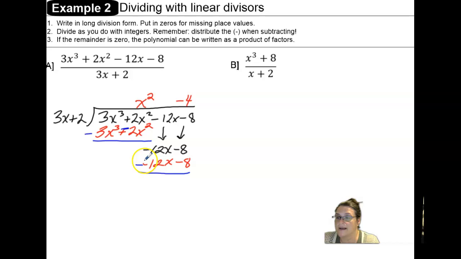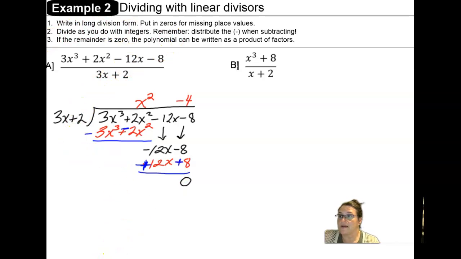And so a negative times a negative, right, makes this a plus 12x. Then a negative times a negative makes this a plus 8, right, because I had to draw the line and subtract both terms of that binomial. And now when I combine like terms, negative 12x plus 12x is 0, those cancel. Negative 8 plus 8, that's also 0, those cancel. And I'm left with a remainder of 0.